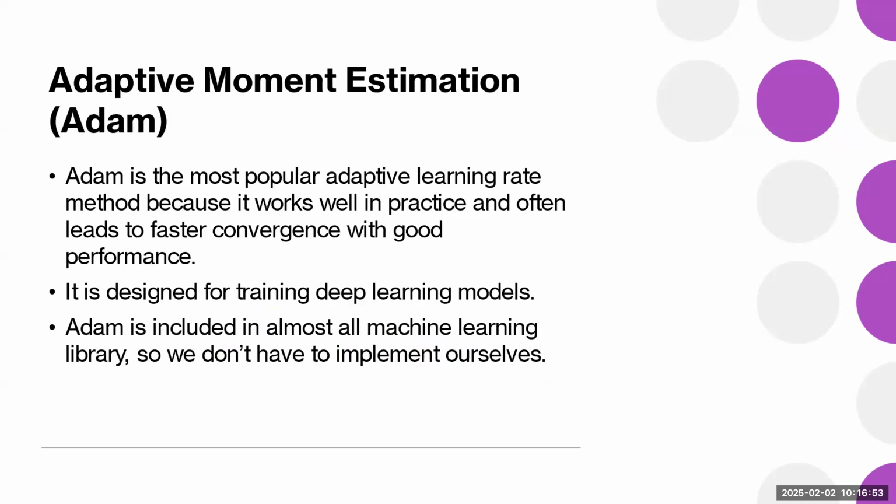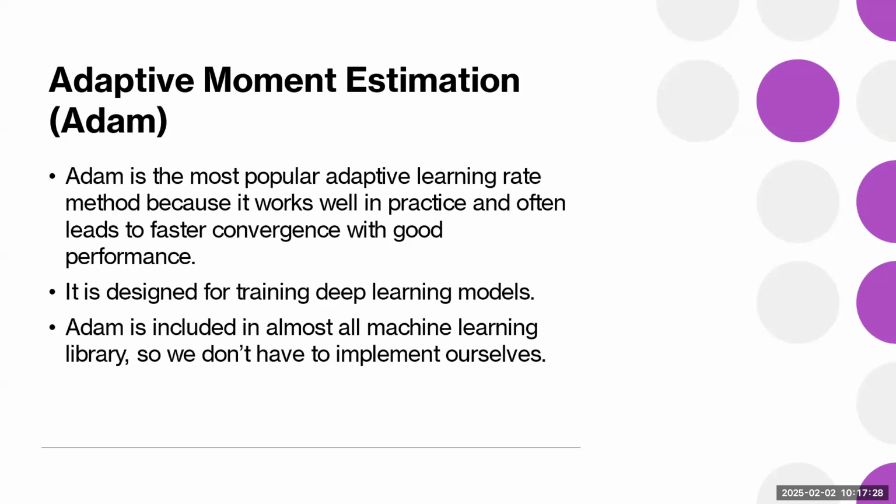Nowadays, we have adaptive moment estimation called ADAM. And ADAM is the most popular adaptive learning rate method because in practice it works very well and it often leads to faster convergence. The equation for ADAM is not very complicated, but it's purely mathematics, so I'm not going to explain the equation for ADAM here. You can just look online.